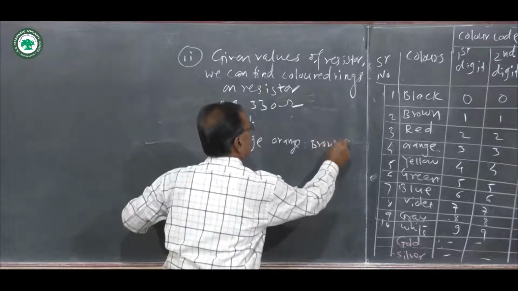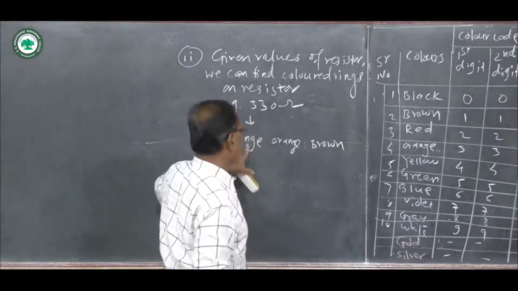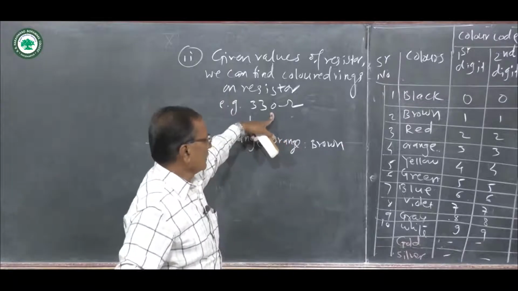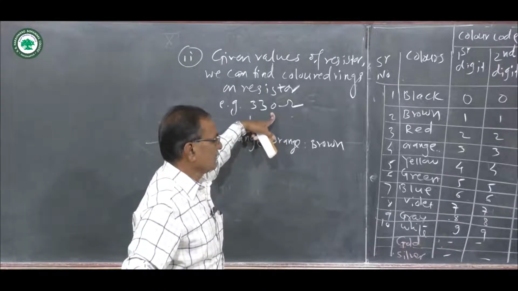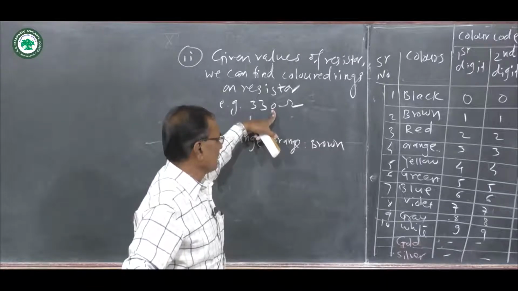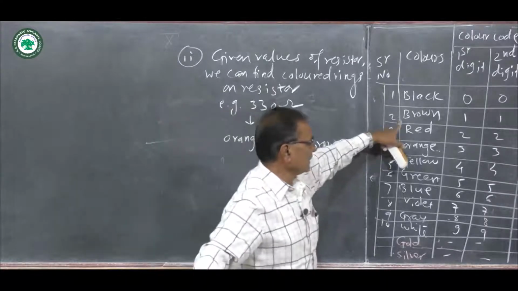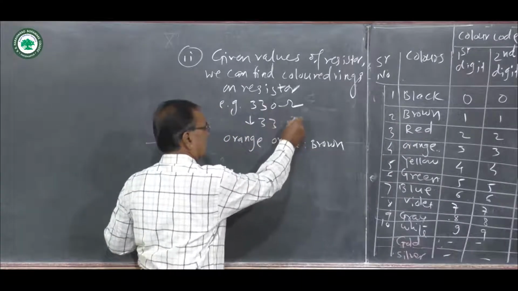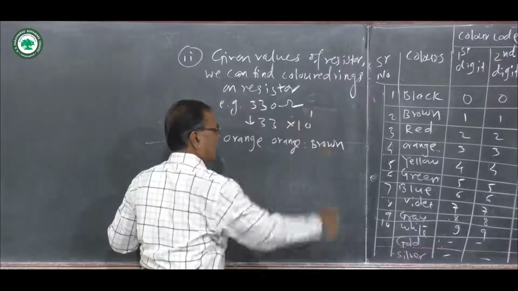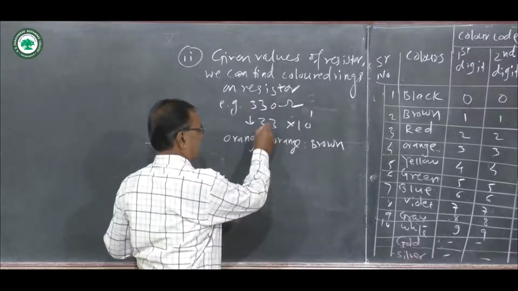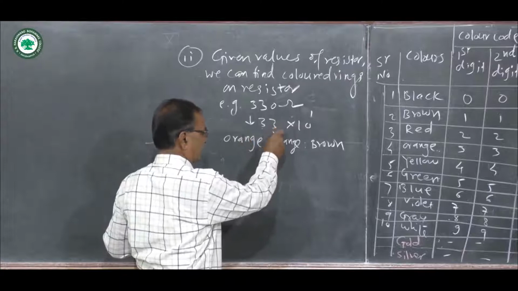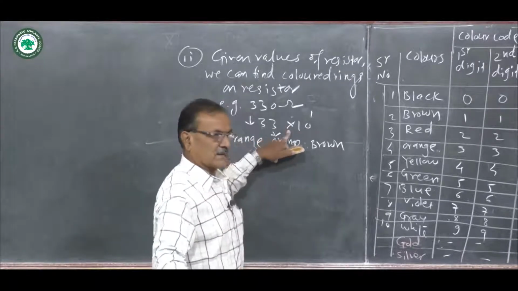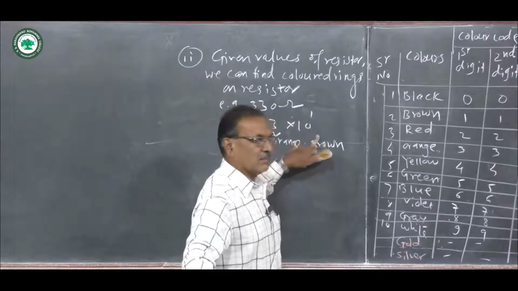That is 3 orange, 0, into 10 raised to 1, that is brown, multiplier 10 raised to 1. So here 3 into multiplier 10 raised to 1. So now 3 denotes orange, also 3 denotes orange, and next the third color ring denotes brown.